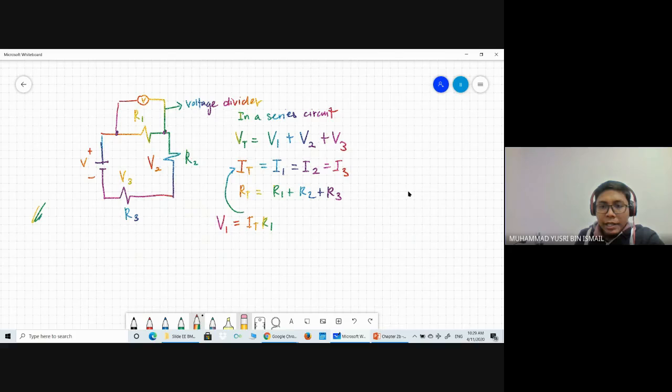And then we know that voltage is equal to IR. And then I total is basically equal to voltage total divided by R total.